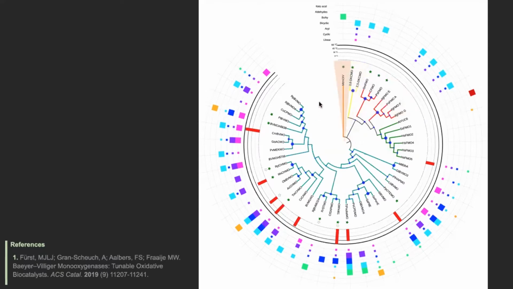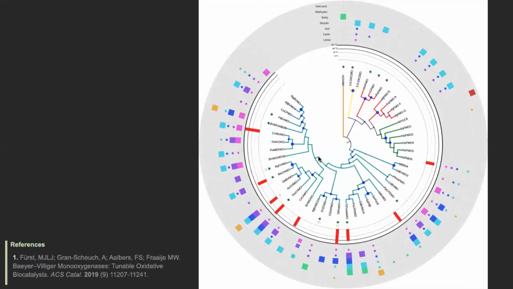So this cladogram is very interesting and very informative, not only for the phylogenetic tree and to see the relation between all the discovered and characterized BVMOs, but you can also see the outer ring. It represents the substrate scope of these enzymes.